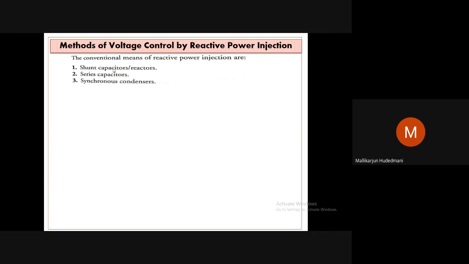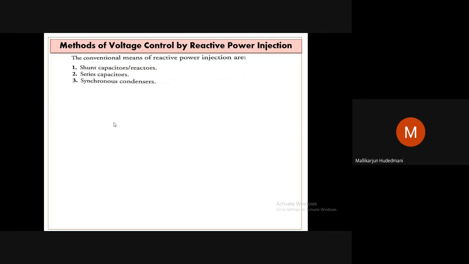In line with this, we have three broad headings. One is shunt capacitor or reactor, a technique of injection or absorption of reactive power. Second, series capacitor for a long transmission line, to compensate the inductiveness of the long transmission line by adopting capacitors in the series part.